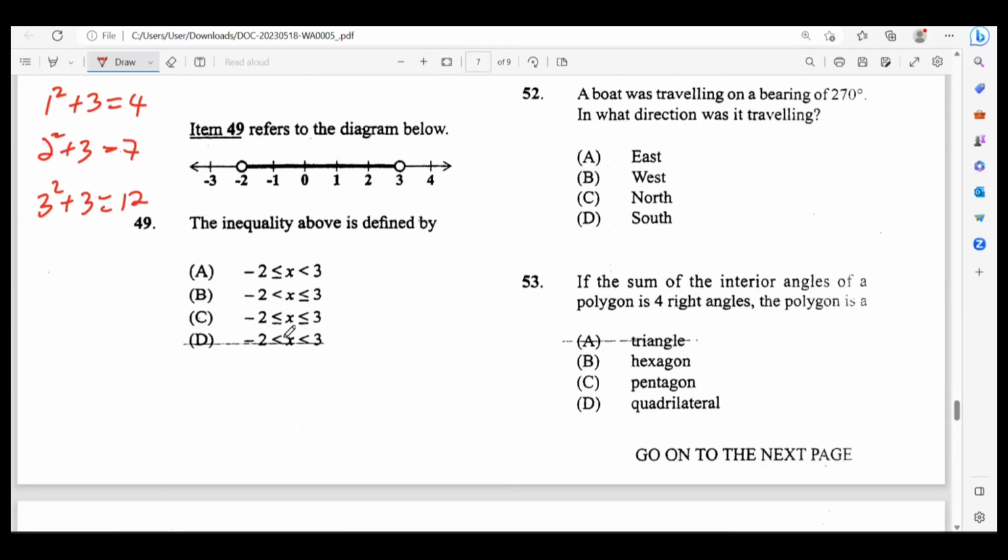Number 49. So the inequality above is defined by what? This question came already. When you get these questions, if they put the thing on the number line and do their notation, you have an unshaded circle versus a shaded circle.